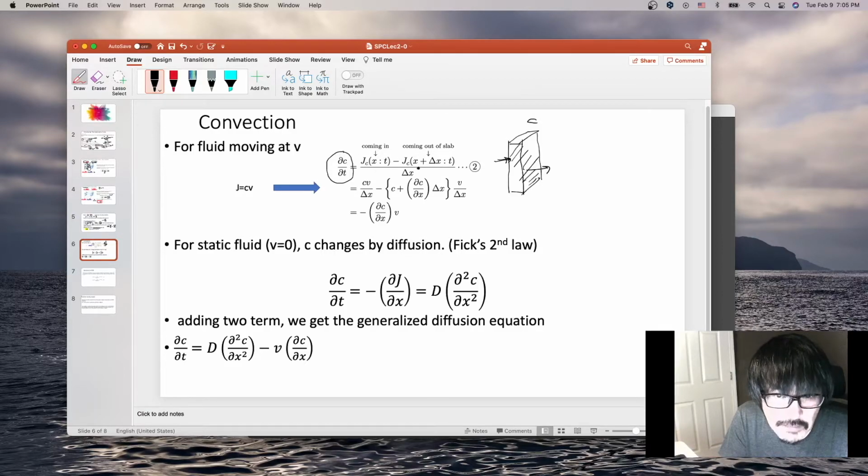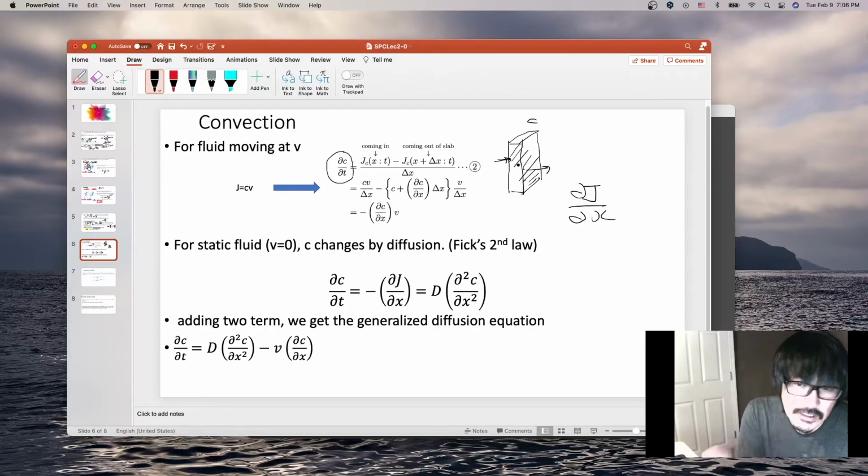That's pretty much what I have here. And if I make the walls as close as possible to each other, so that it's thin enough, I can use this as a derivative, which is dJ dx. But J is equal to c times the velocity, and the velocity being constant, it's not going to change the speed of the flow on the left hand side of the surface or the right hand side of the surface because it's thin enough.